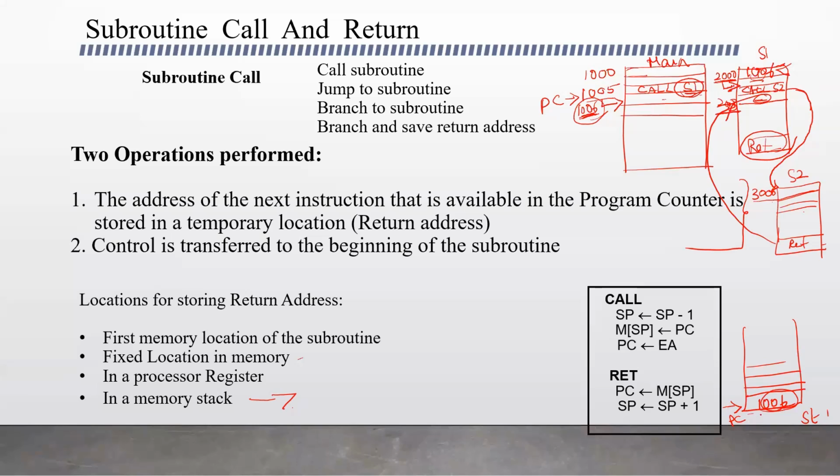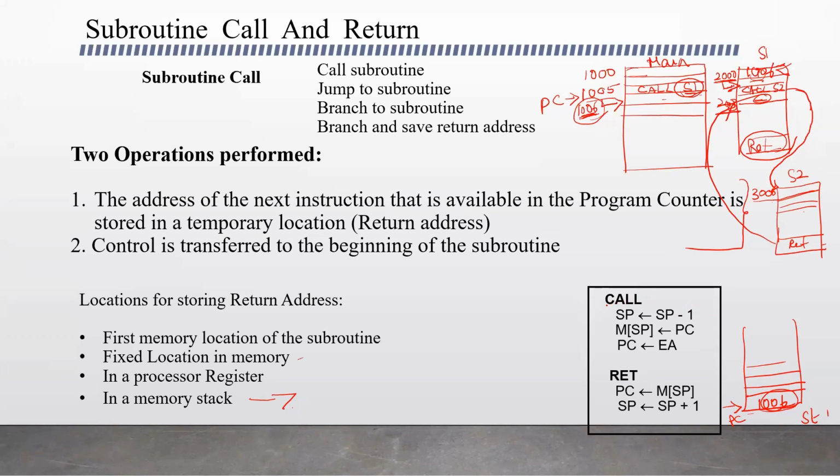Once PC is loaded with the address, control can be taken back to the actual program. So these are all the locations used, and this is how storing the address in the stack and branching to the subroutine is implemented.